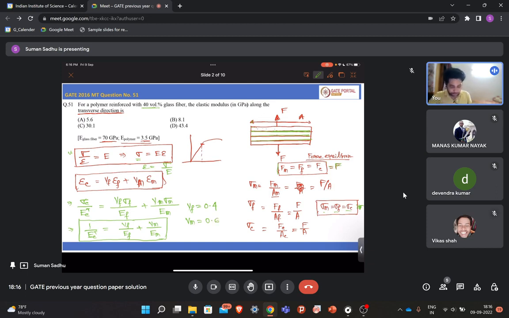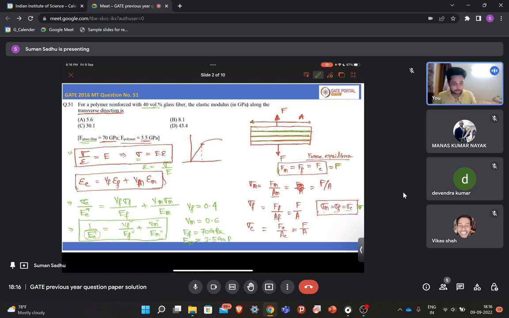Also the E of fiber is given to us, that is 70 gigapascal, and also E of polymer or matrix. Here the matrix is the polymer, so E of M is 3.5. It is also given to us. So this is known, this is known, this is known, and we need to calculate this one, right?